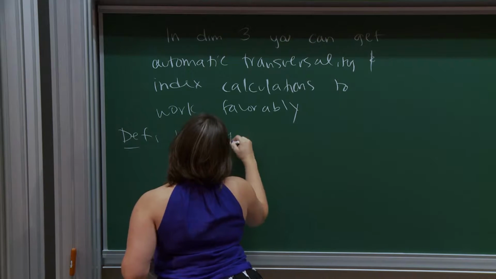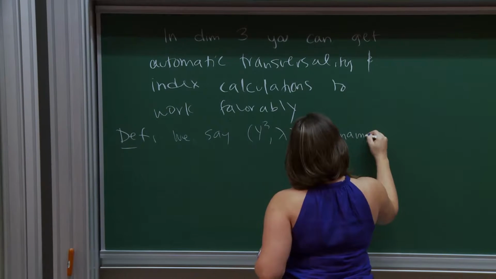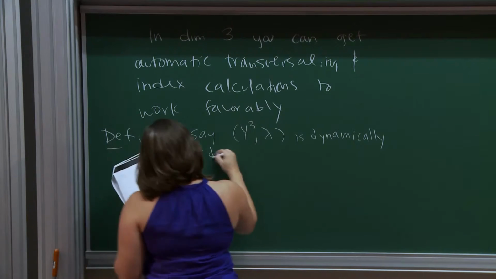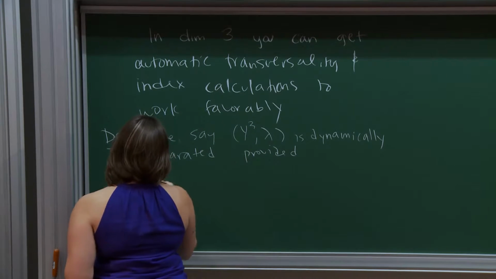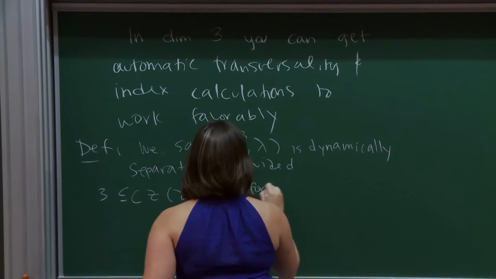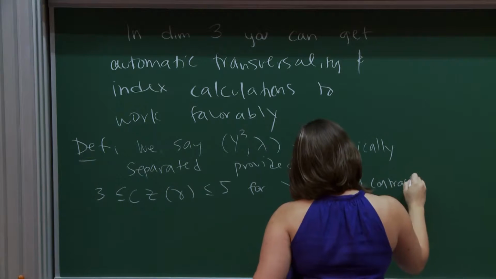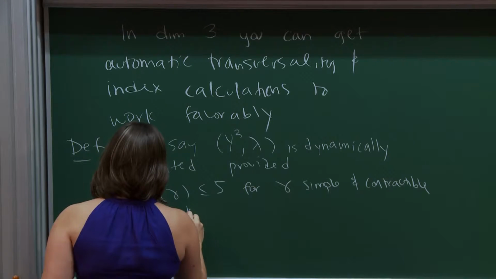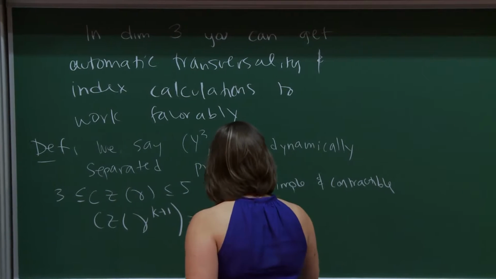we say a contact form is dynamically separated provided the Conley-Zander index of gamma is between 3 and 5 for gamma simple and contractible. And every time you iterate gamma, you're just increasing the Conley-Zander index by 4.